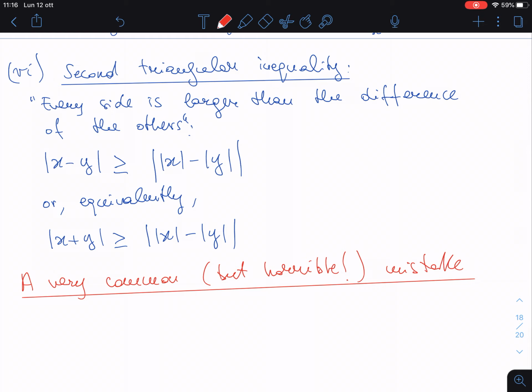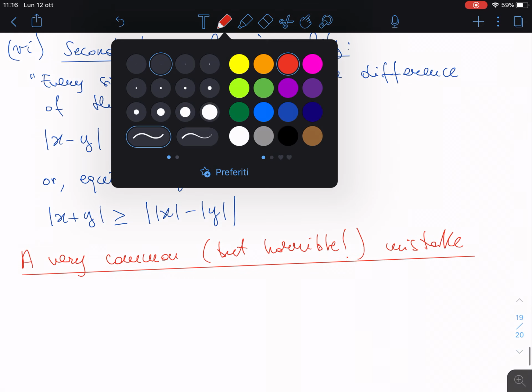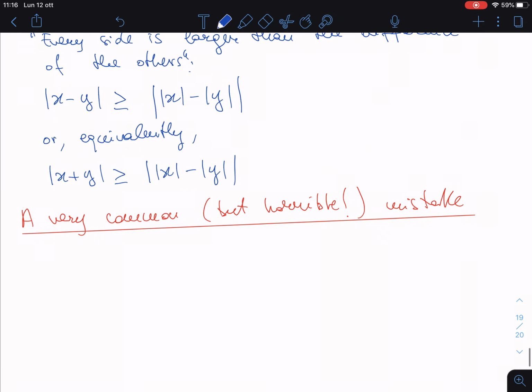For instance, consider the absolute value of something like x squared minus 7x plus 10. When you have an absolute value, first of all try to get rid of it and to distinguish the various cases, okay?